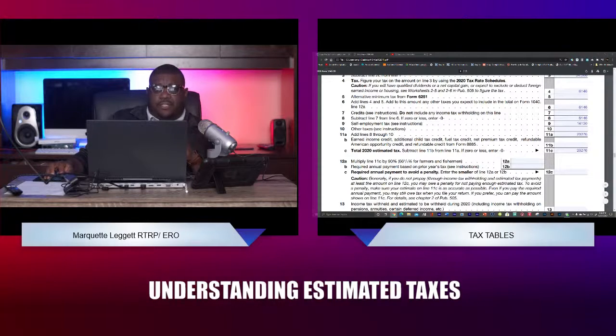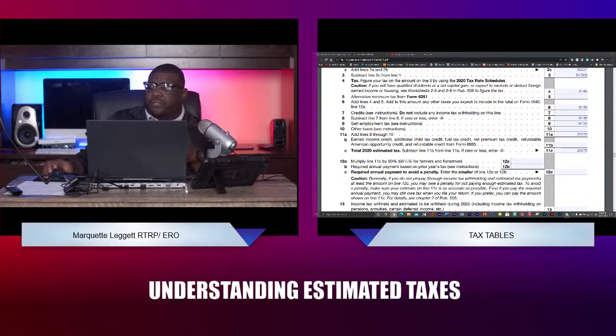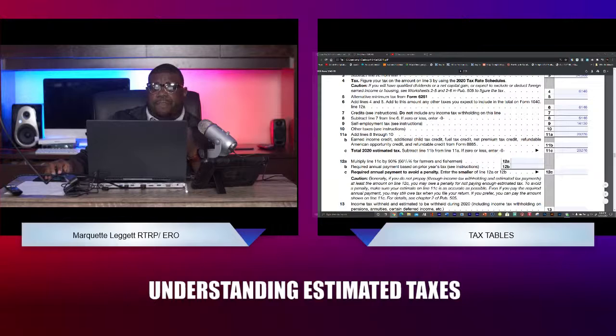We don't have any alternative minimum taxes. We're not doing credits. The self-employment tax, remember that number from earlier, 14,130 or 129, we rounded it up. No other taxes. So you add all of this together, and that gives you your estimated taxes for the year 2020.